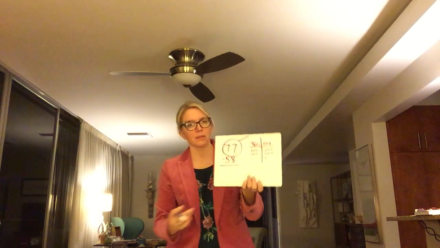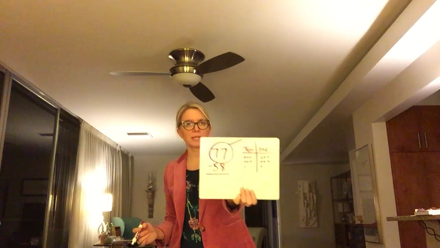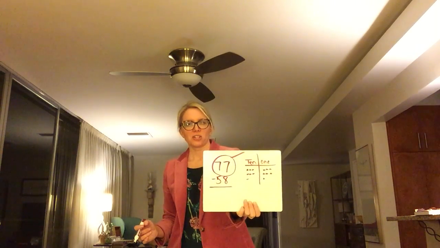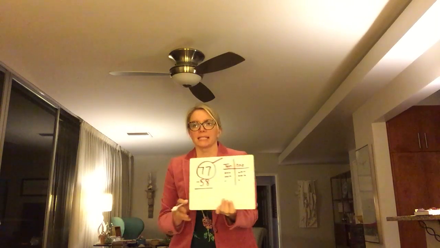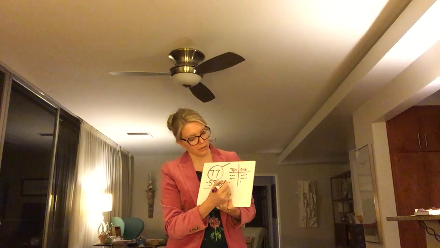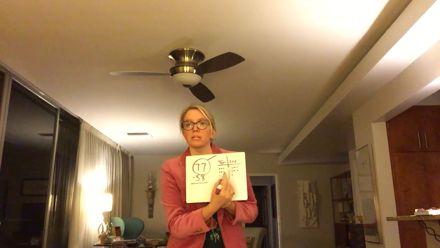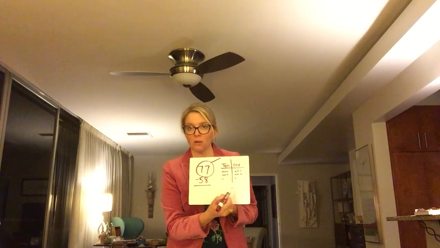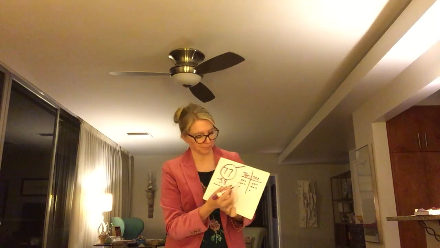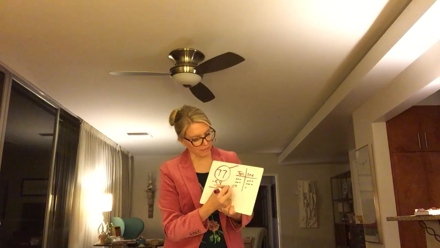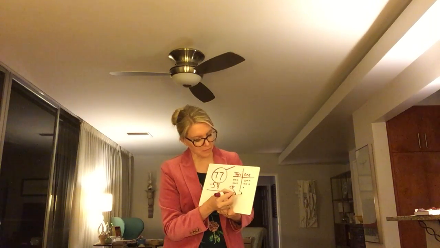And so if they try to do it here, they should realize that they can't cross out 8. And so this is where you'd say, okay, so if we don't have 8 to cross out, we need to move one of the 10s and unbundle it. So then you have them move the 10 and unbundle it.